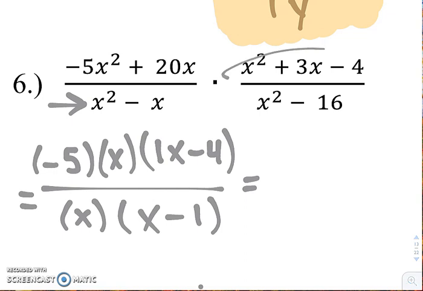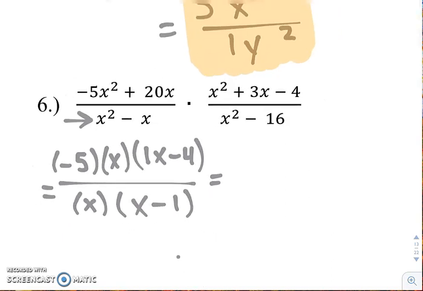How about over here? X squared plus 3x minus 4. We're trying to figure out what multiplies to get us negative 4 but adds to get us 3. That's going to be positive 4 and negative 1.